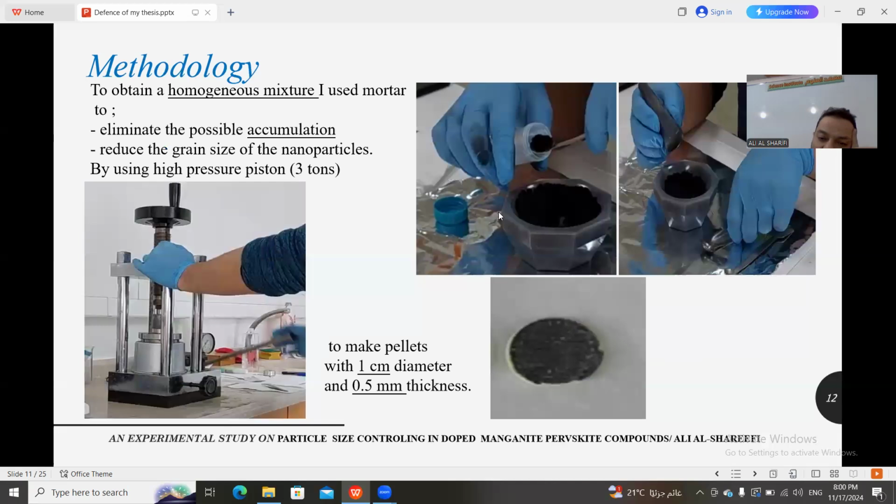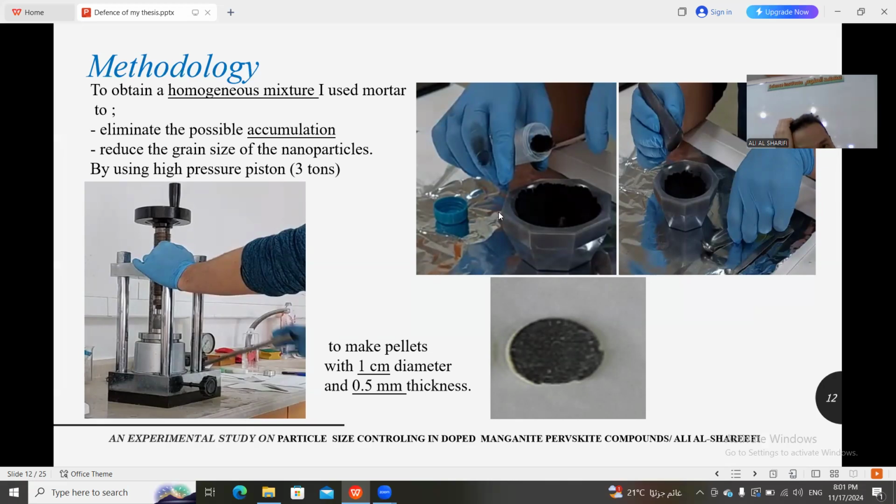Now I will use the mortar to be sure I have a homogeneous mixture. I use this mortar to decrease the grain size and be sure I don't have any possible accumulation.